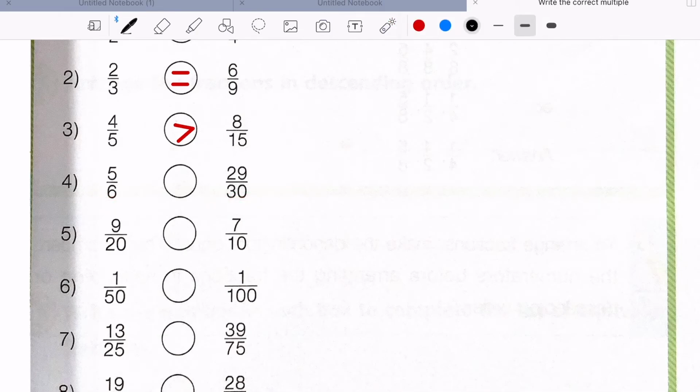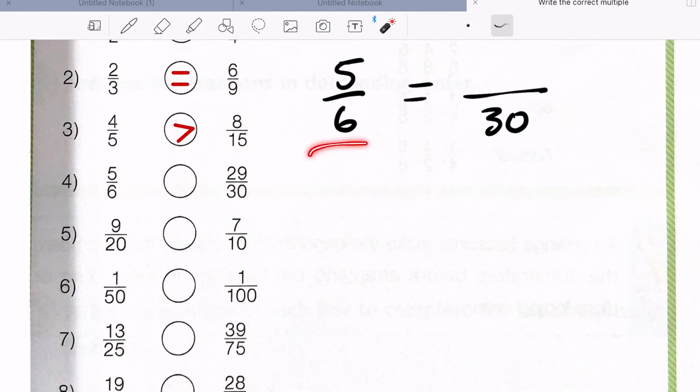So let's write that down. 5/6. We want to write something over 30. How do we turn 6 into 30? 6 times what equals 30? 6 times 5 equals 30. So 5 times 5, because if we multiply the bottom by 5, we have to multiply the top by 5.